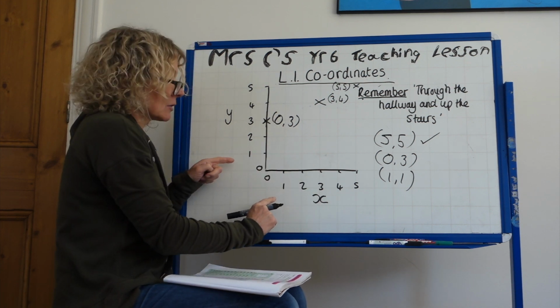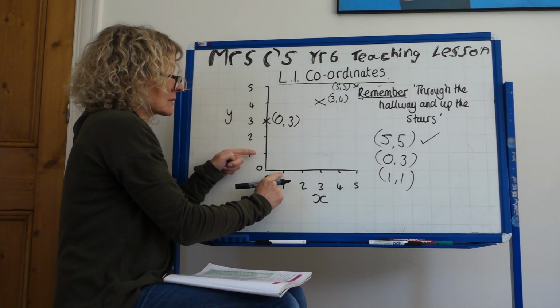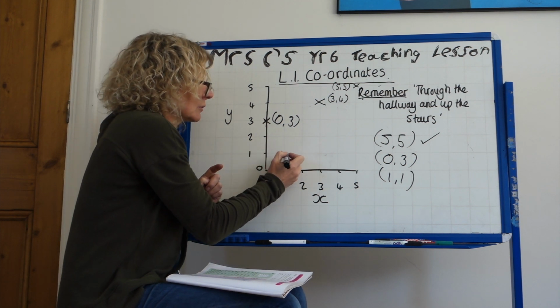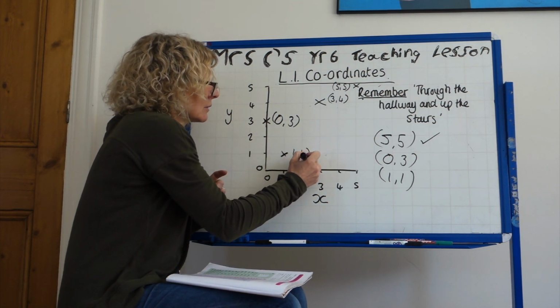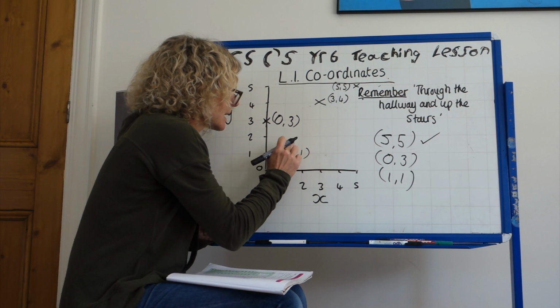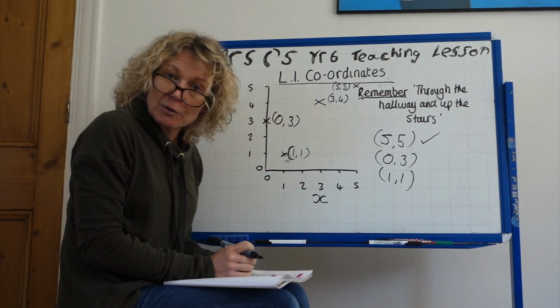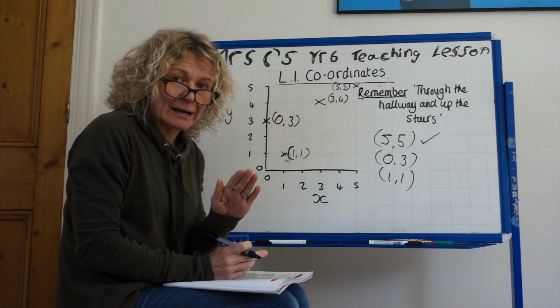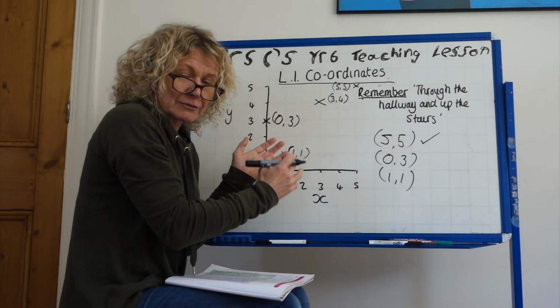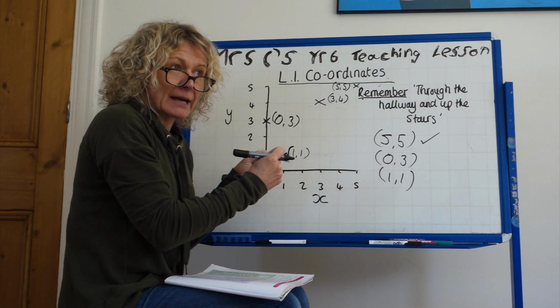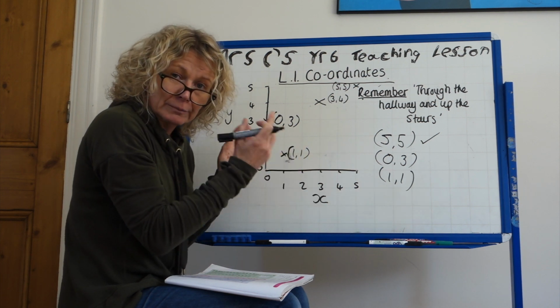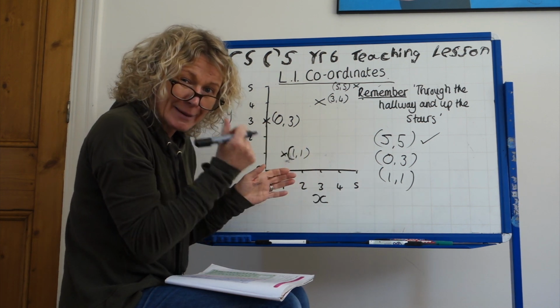Ready? I'm going to show you. Through the hallway, up the stairs, 1, 1. Did you get them right? We can do coordinates. So I'm going to redraw a graph to set you, and then you can have a go at that on your piece of paper or in your book. Okay? We'll be back in a minute.